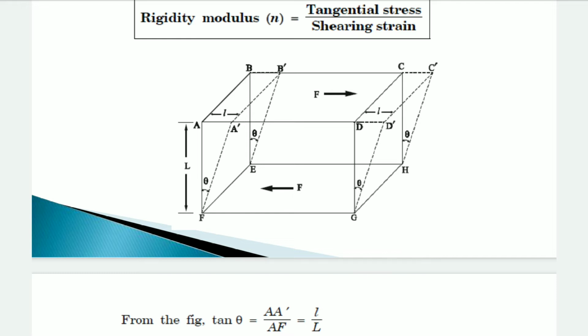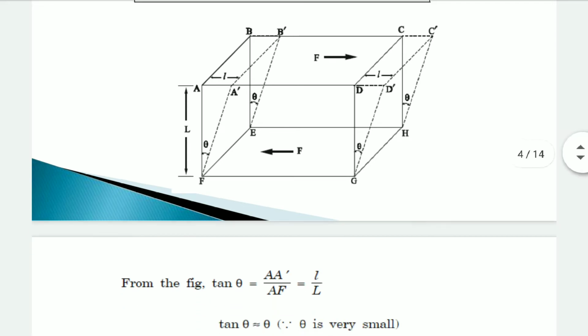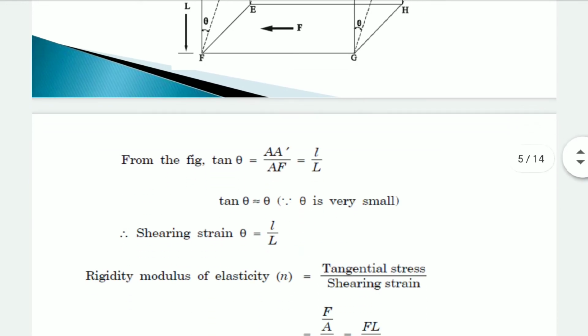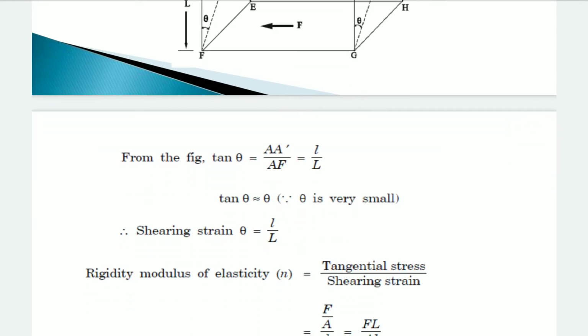Due to these two forces acting in equal and opposite directions, strain is produced in the material. It changes the shape of the material. Therefore, the shearing strain theta is produced. Here we can measure that tan theta is equal to small l by capital L. This produces the shearing strain, small l by capital L.